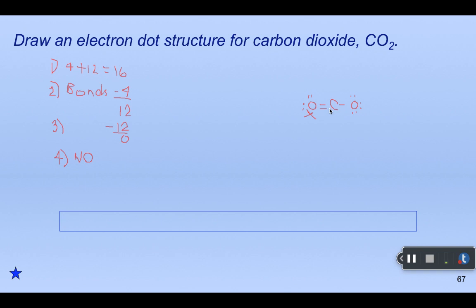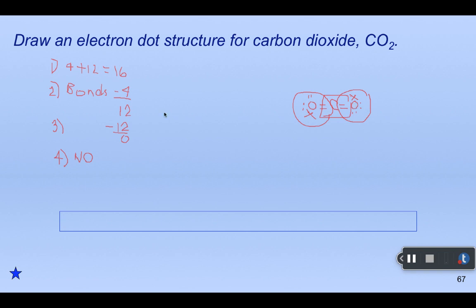And if I picked a pair off the oxygen on the left, well, that gives us an octet for the oxygen on the left, but not yet for carbon. So we'll do it twice. And so 2 electrons are reassigned as a bond again from the oxygen to the carbon. And that gives an octet for oxygen with 2 lone pairs and 2 bonds. But now carbon also has an octet with 2 double bonds.